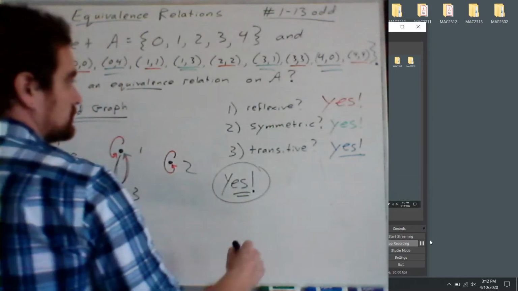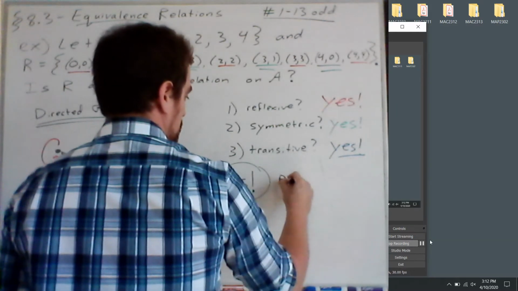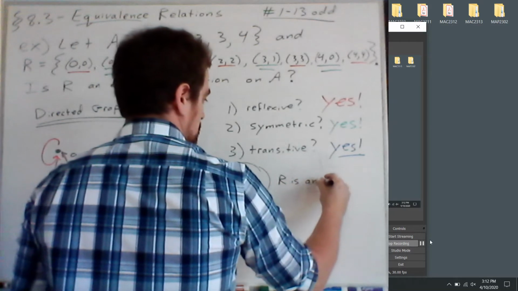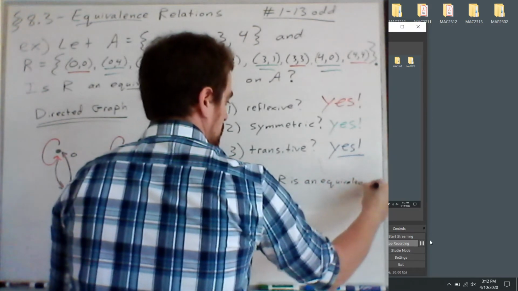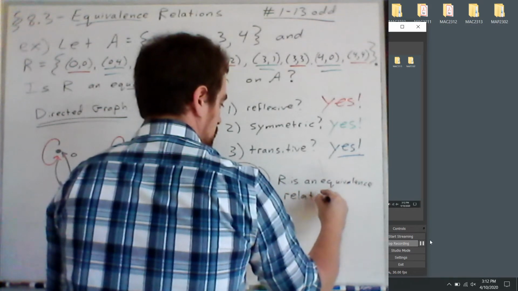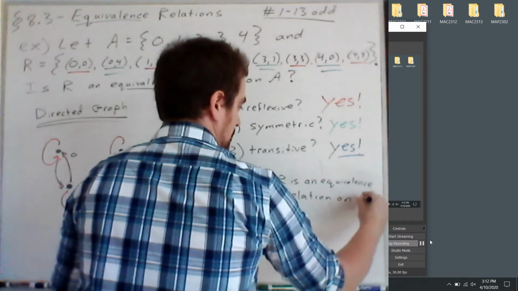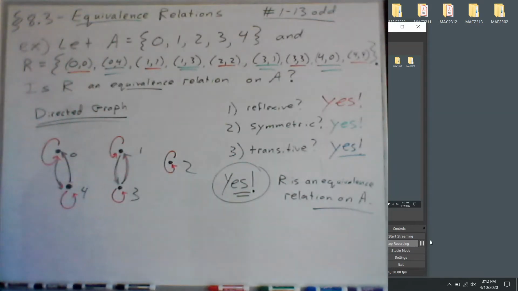Is R an equivalence relation on A? Yes. R is an equivalence relation on the set A. Again, a very desirable property to have.